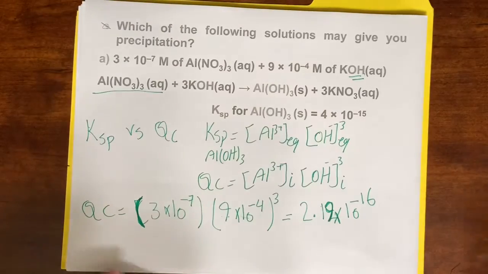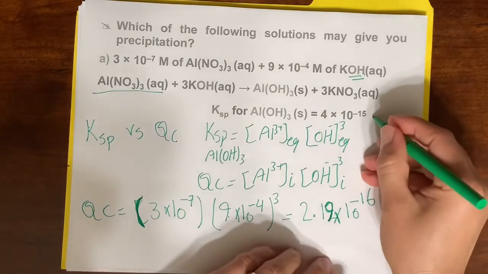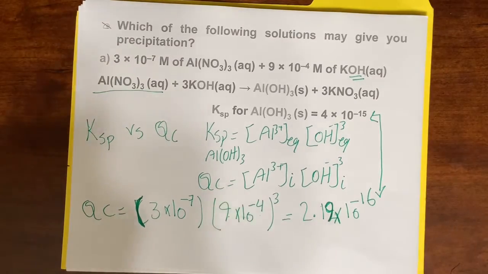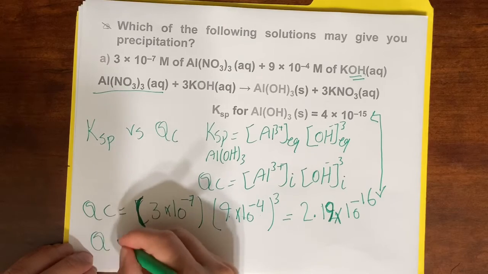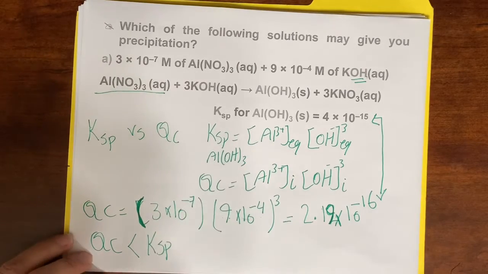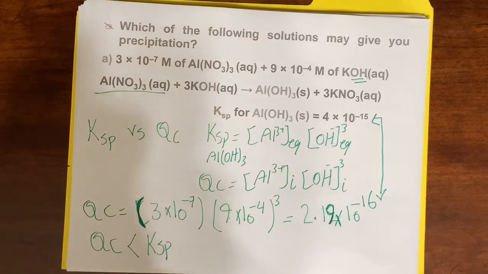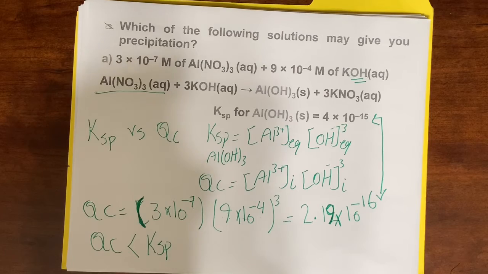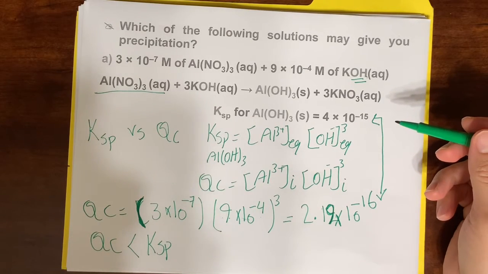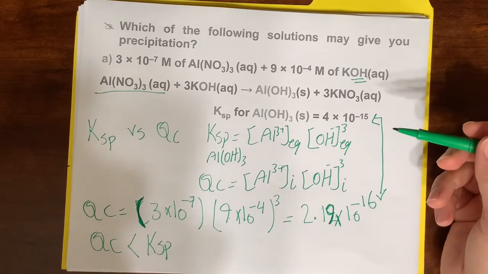Now compare Ksp with the Qc. Qc is smaller than Ksp. That means we can still dissolve more. So in this case, because Qc is smaller than Ksp, I'm going to say we're not going to get precipitation.